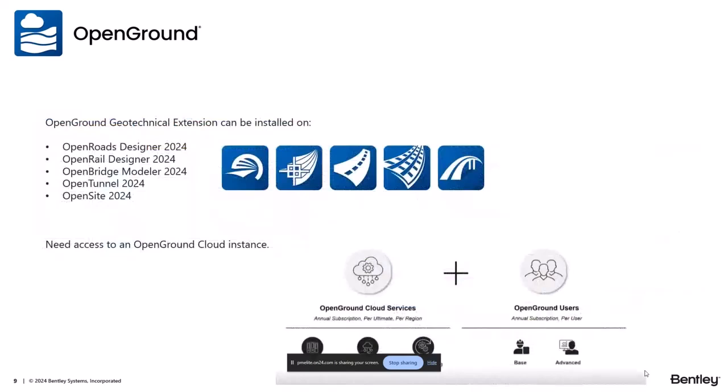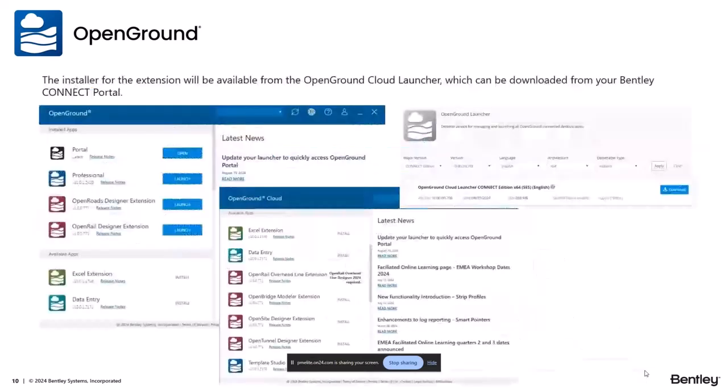For this to work, you'll need OpenGround cloud access and one of the Bentley Civil Design 2024 products such as OpenRoads Designer, Rail, Bridge, Tunnel, or even OpenSite. The Geotechnical extension is a separate installer that will be installed on top of the Bentley Civil Design products.